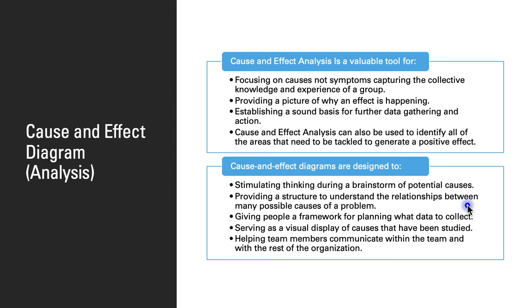So, if your root cause is really correct, all of the areas covered by the root cause, when you give a solution, definitely it will have a positive effect. All of the remaining effects of that root cause will be cured or totally eliminated.